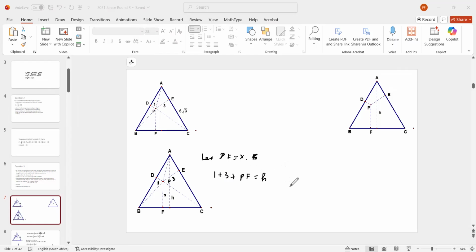Right? Now, the height of the triangle, you can use Pythagoras to calculate it. That AC was given as 6 root 3. Now, this is an isosceles triangle. And whenever you got an isosceles triangle and you drop a perpendicular from the vertex, it bisects the third side.